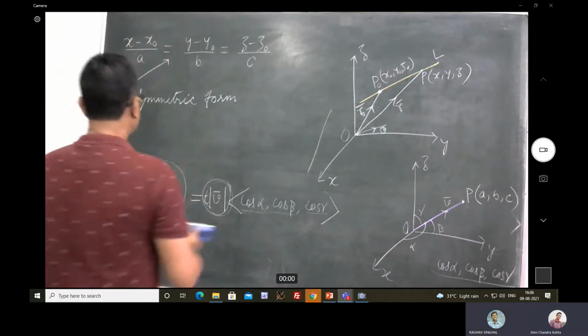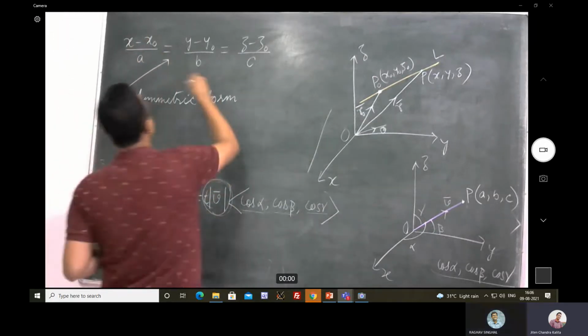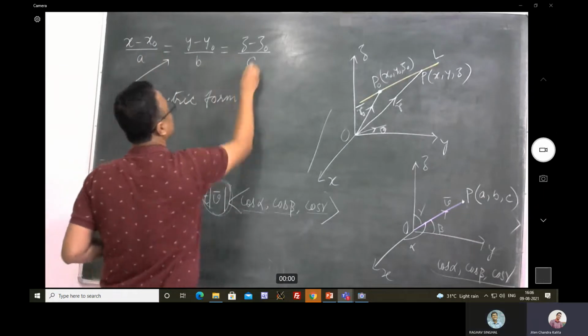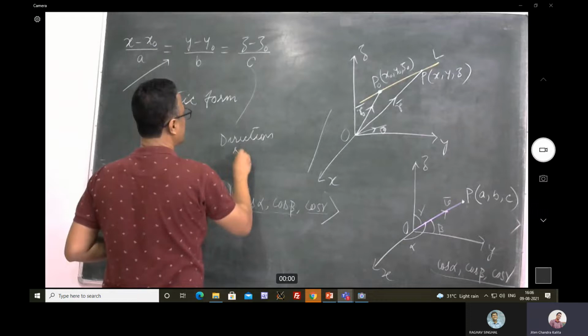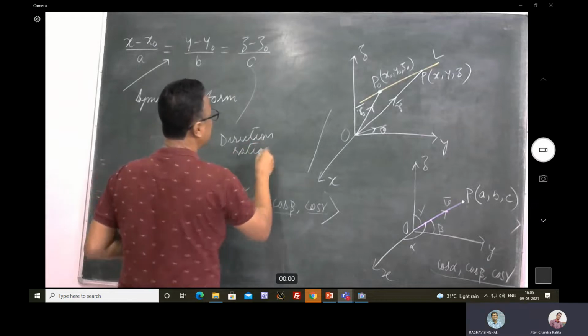So this A, B, and C are also called direction ratios. And now you may be asking me why it is so important.